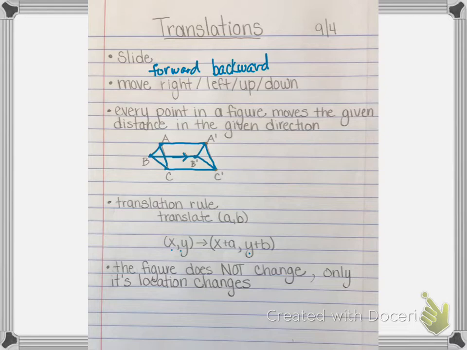Maybe we want to move something to the left and down. So our translation becomes that we're going to take (x, y) and translate it to (x minus a, y minus b). If this is confusing, we'll continue to work, and so it becomes clear. Remember that in a translation, the figure does not change, only its location changes.